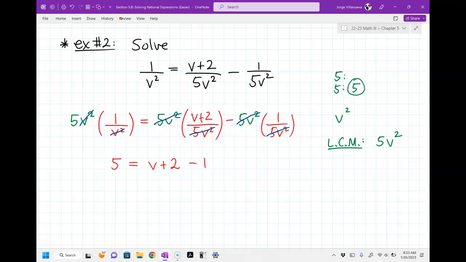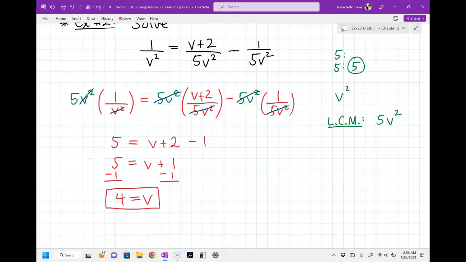See, that's the beauty of getting rid of the fractions, is all of a sudden it just becomes an easy problem, kind of, right? Just a normal algebra 1 type problem. So 5 equals v plus 1, because 2 minus 1 is 1. Subtract 1 on both sides. So v is 4. Okay, so there's the answer for your second one.